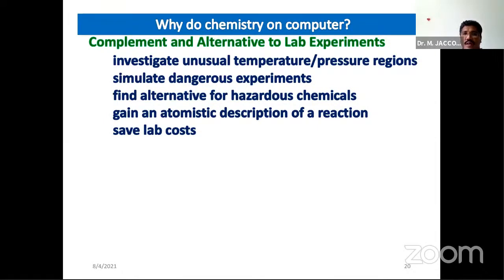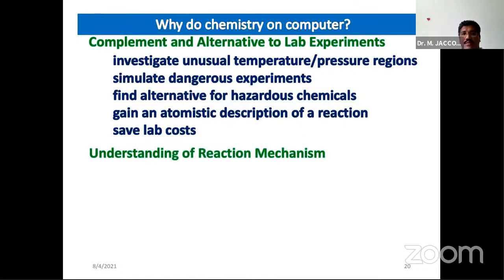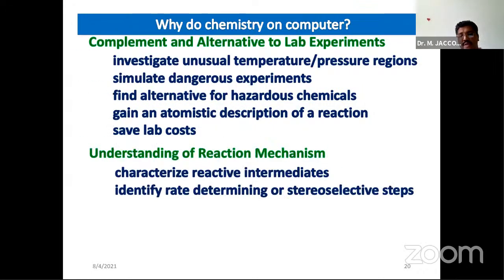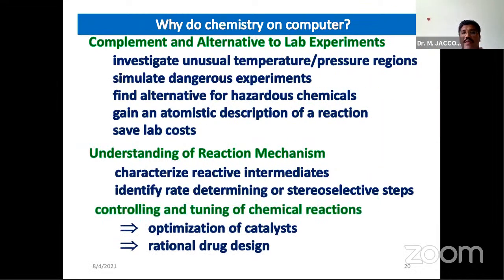I can simulate dangerous experiments as an alternative method for hazardous work, gain an atomistic description of reaction, save an enormous amount of cost, and understand the reaction mechanism by characterizing reactive intermediates such as transition states, which could not be characterized by experiments.